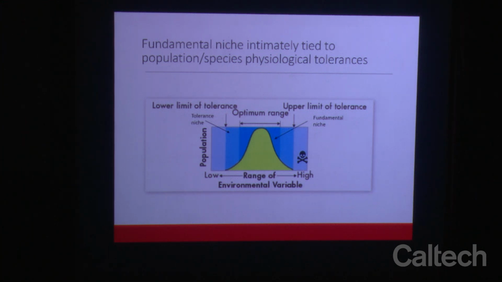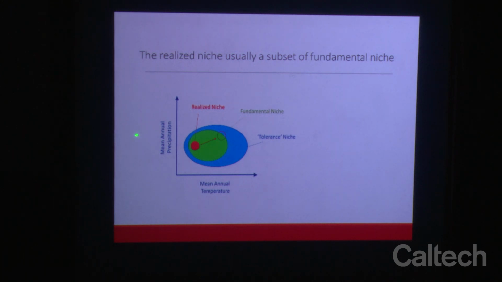And then there are these areas, of course, where taxa just can't survive. And of course, just to point it out again, this realized niche is often, but not always, a subset of this fundamental niche in niche space when we're thinking about these key niche parameters.